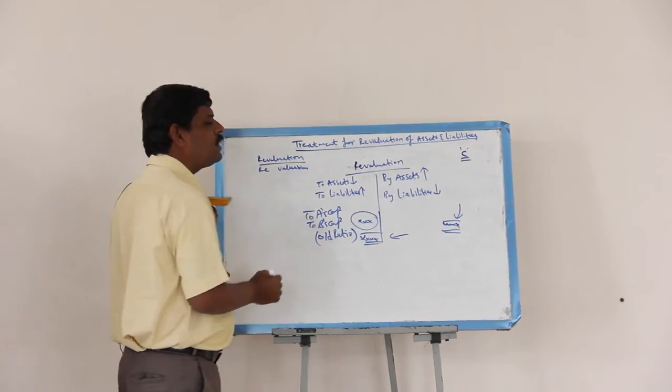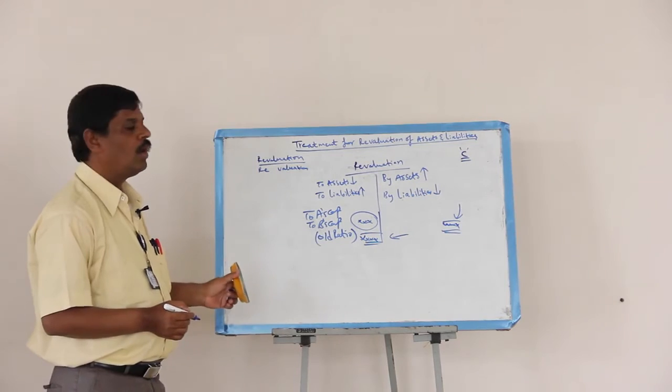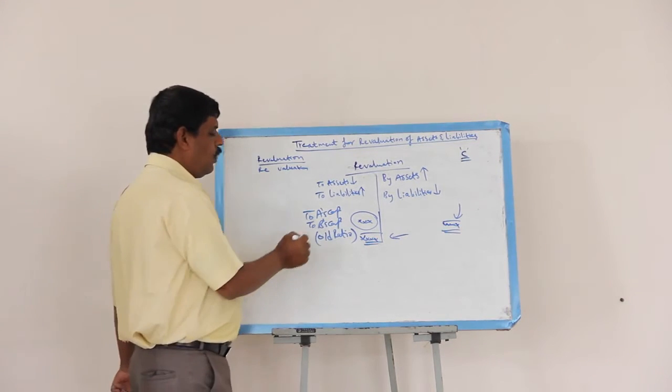So profit on revaluation of assets and liabilities is distributed to the old partners' capital accounts at their old profit sharing ratio.